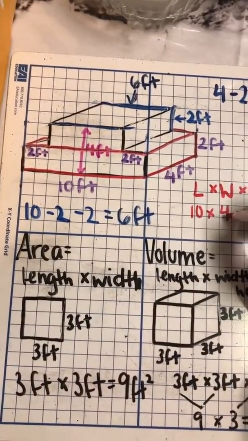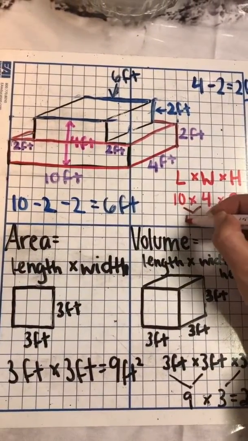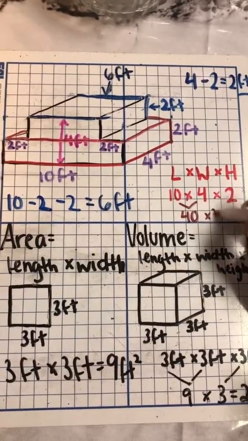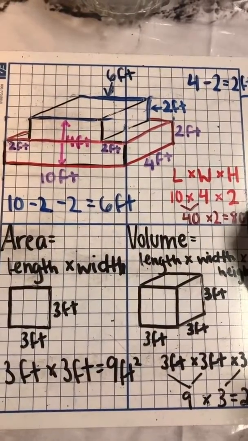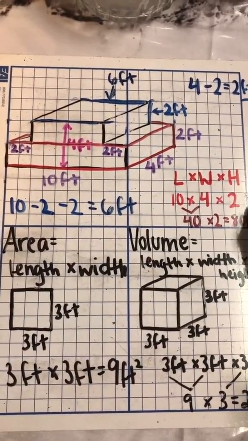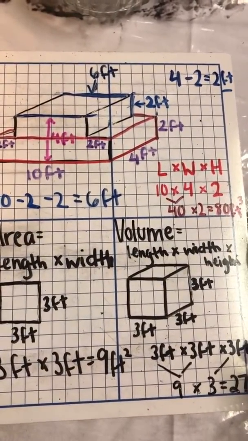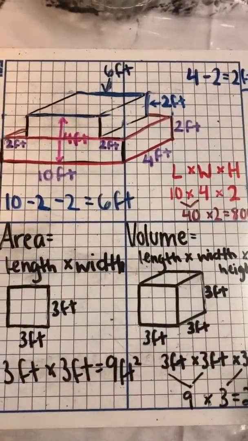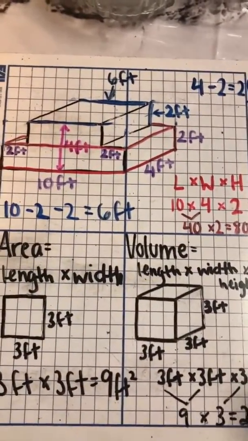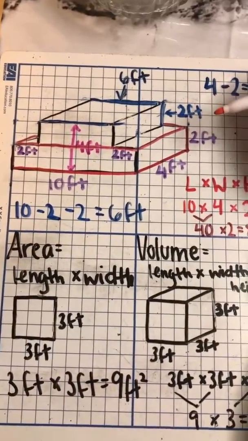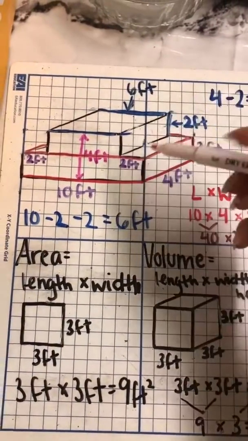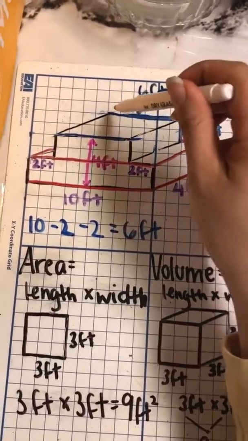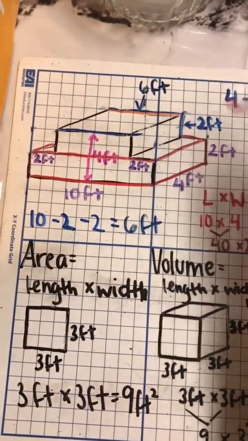So, 10 times 4 is 40. And 40 times 2 equals 80 feet. And remember, cubed. Now let's work with the top half. Let's look at the measurements for the top. I have my length, which we just solved for, remember right here, 6 feet.